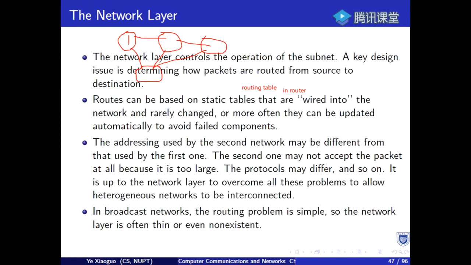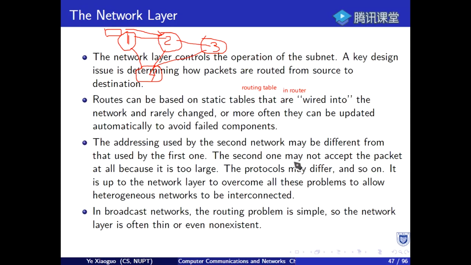So this is network 1, network 2, network 3, network 4. The addressing used by the second one may be different from that used by the first one. So if a packet is transmitted from network 1 to network 2 and the addressing scheme is not the same, then there will be a problem.